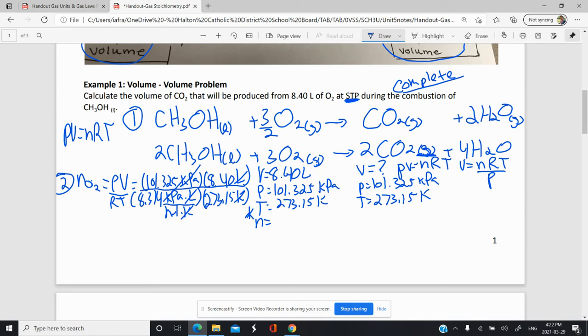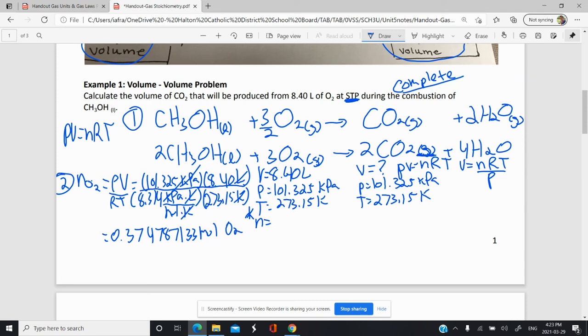So 101.325 times 8.40 divided by 8.314 divided by 273.15, and we get 0.374787133 moles of O2.